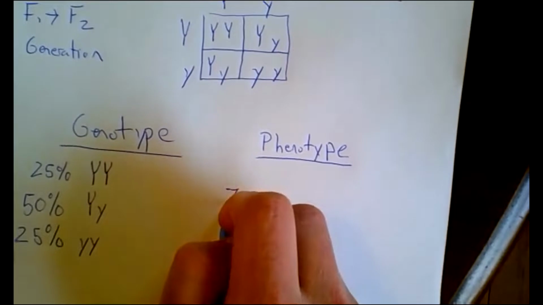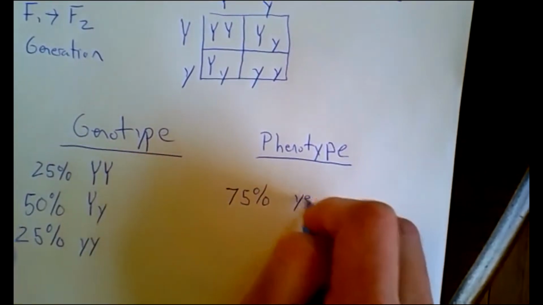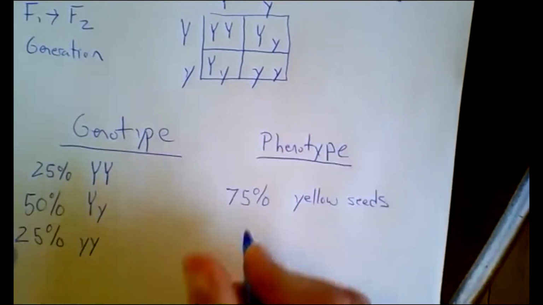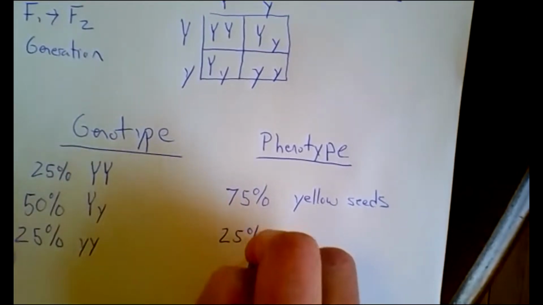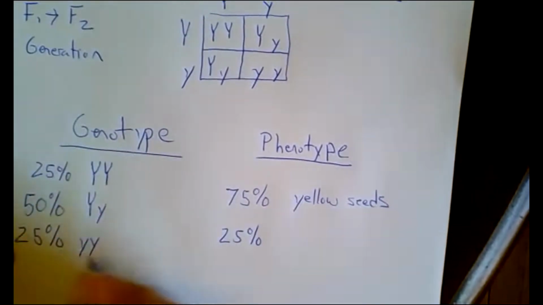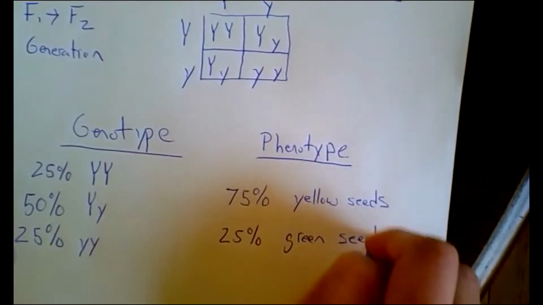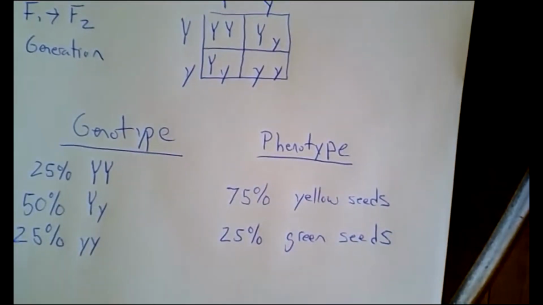So I add up those percentages, and I end up with 75% yellow seeds and 25%, that's the only way to get the recessive character, is to be homozygous recessive, green seeds. And I completed my problem utilizing my Punnett squares.